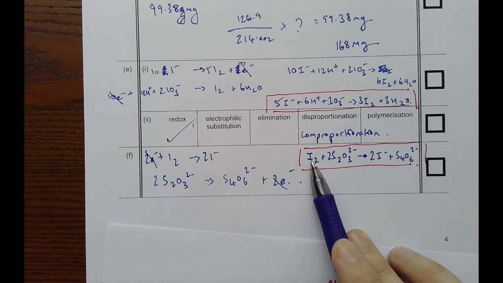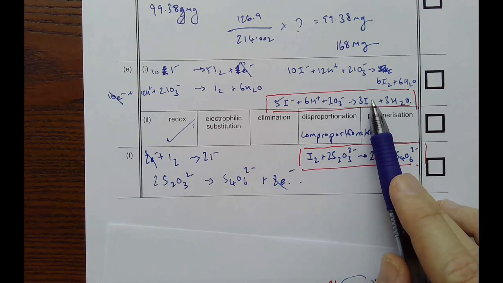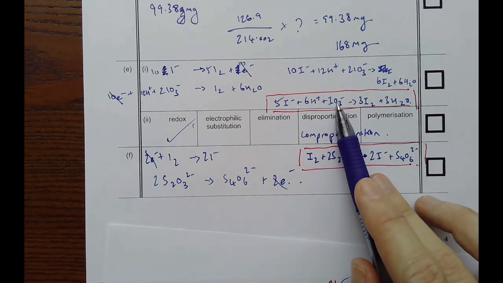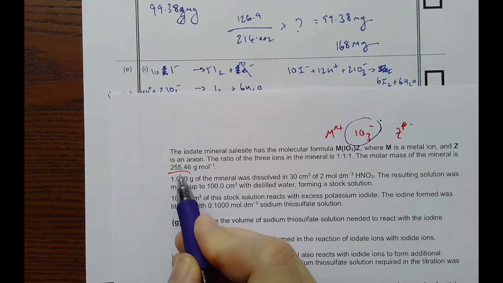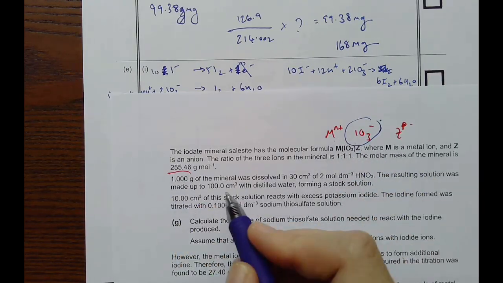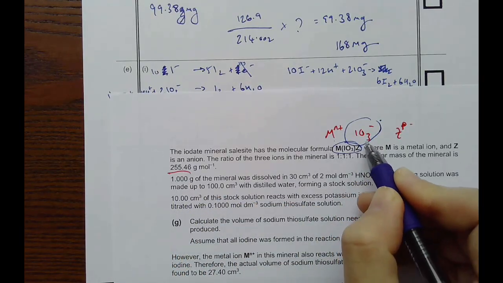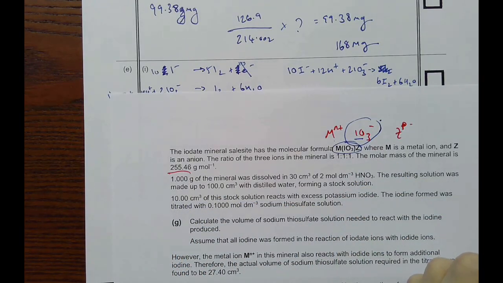Well, in order to know that, I need to know how much iodine is produced. And in order to know how much iodine is produced, I need to know how much iodate ion I start with. Do I know that? Yes, I do, because I know the mass. And I know that these three are in a 1-to-1 ratio. So 1 mole of this gives me 1 mole of this.